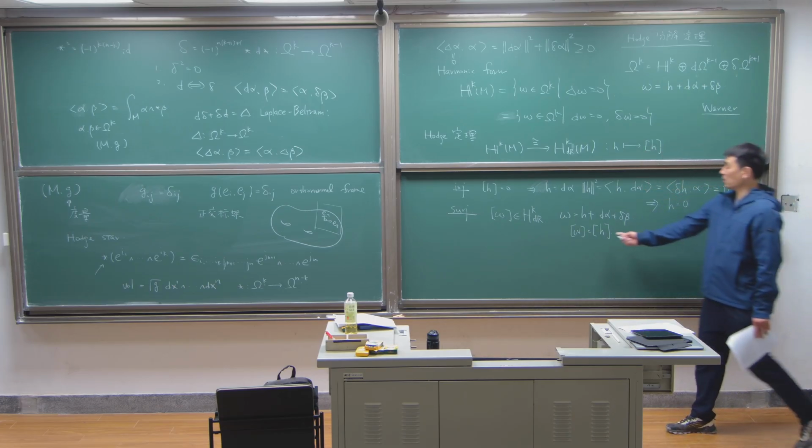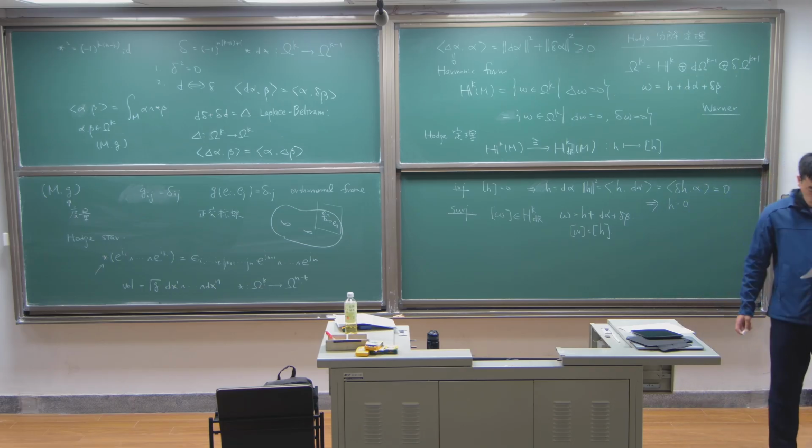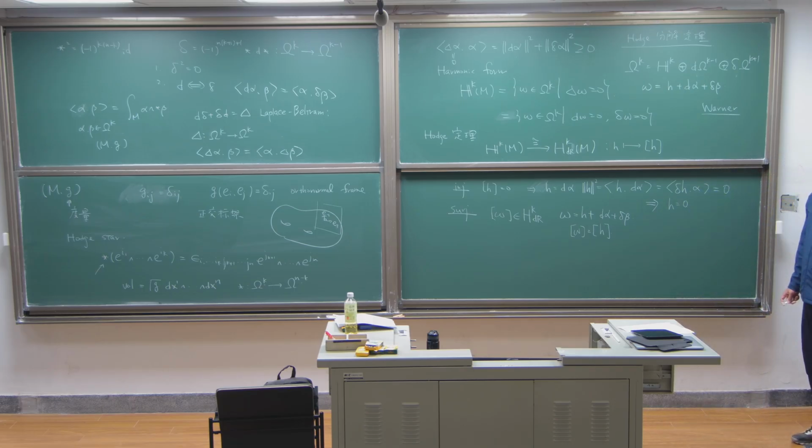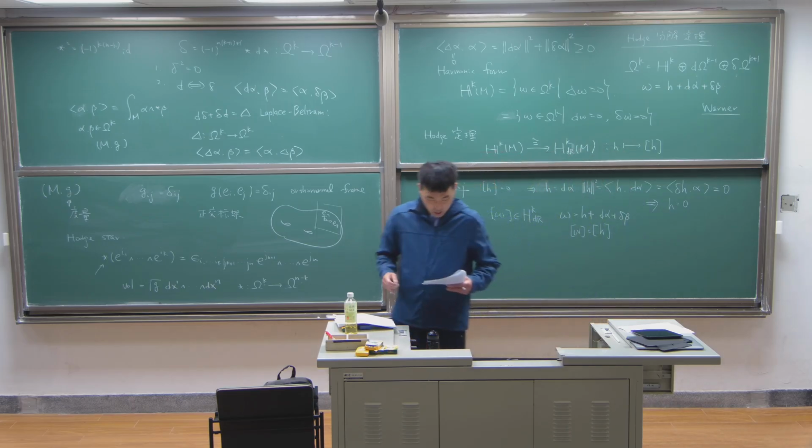So there exists always a harmonic form that will give you the de Rham cohomology class. So that's a very important theorem, Hodge theorem.